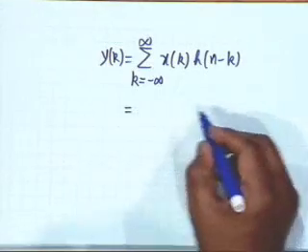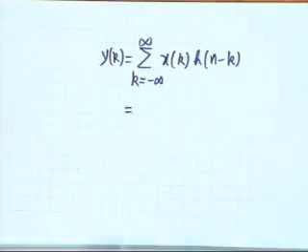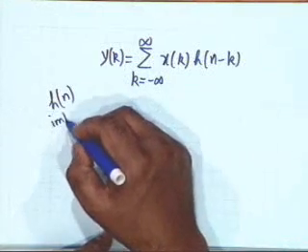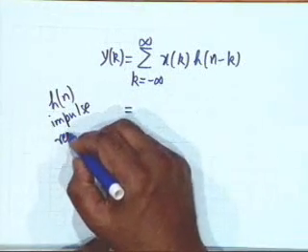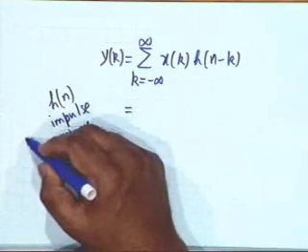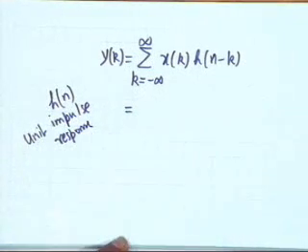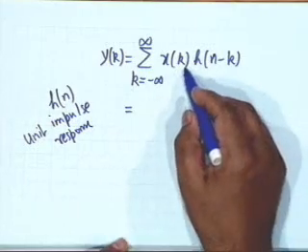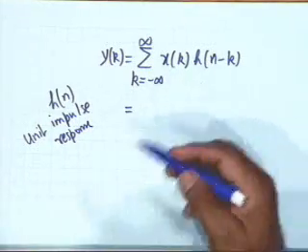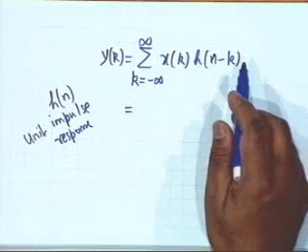Now, this operation of taking x of k, that is a particular value of the signal sample, multiplying by h of n minus k, which is a shifted impulse response. h of n is called naturally the unit impulse response, that is the response of the system to unit impulse. x of k is the value of the signal at an arbitrary instant of time, n equal to k. h of n minus k is the shifted impulse response.